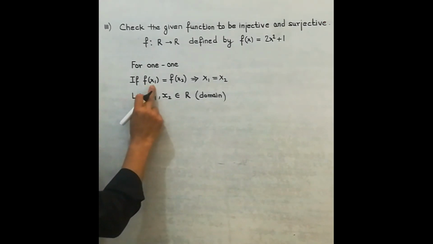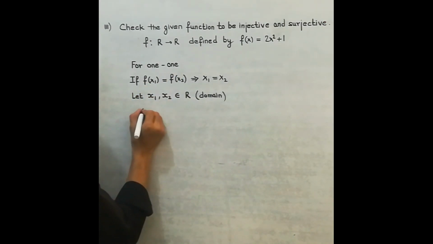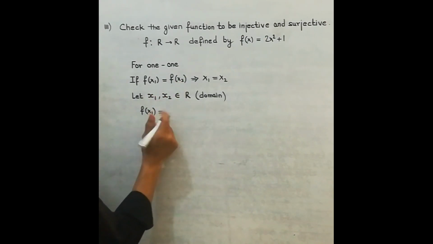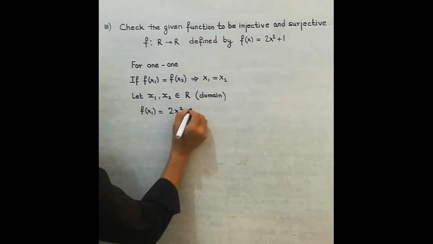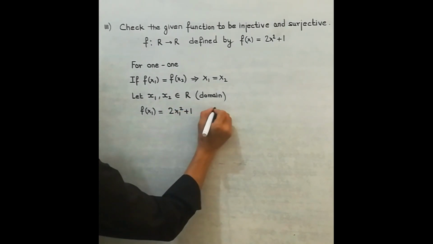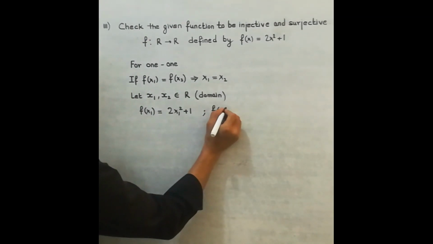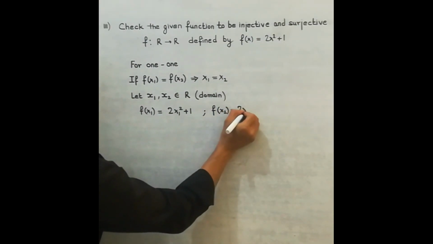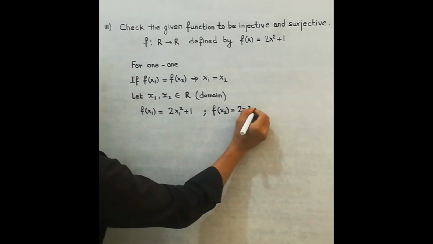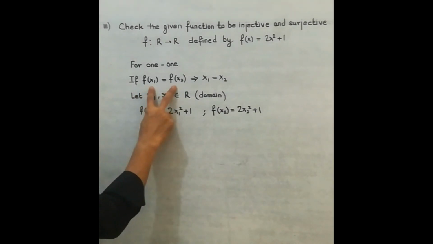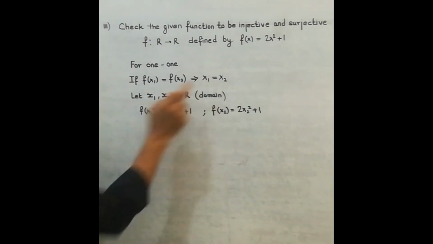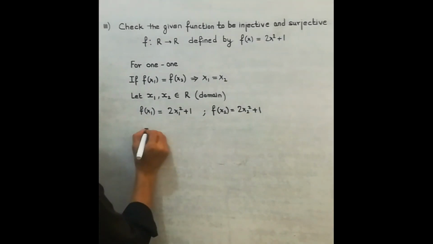Now we will find f(x1) and f(x2). Substituting the value there, so we have got f(x1) and f(x2) here. Now if we are going to equate these two, we must get x1 is equal to x2.